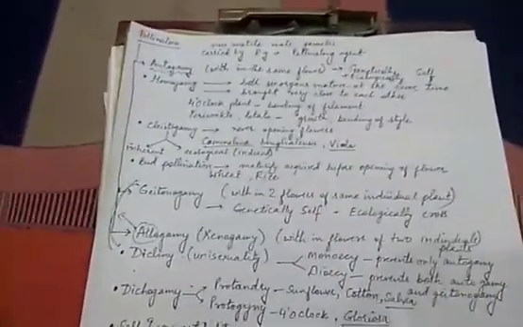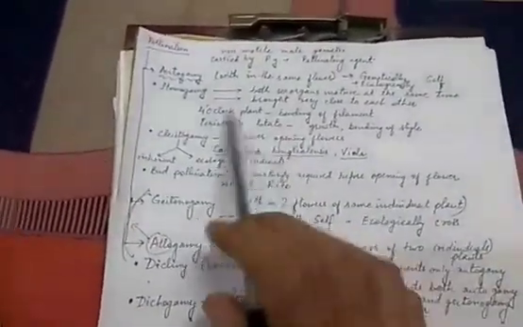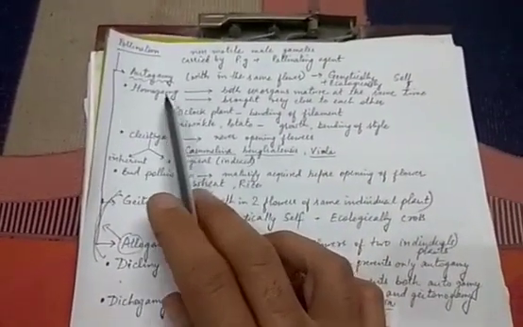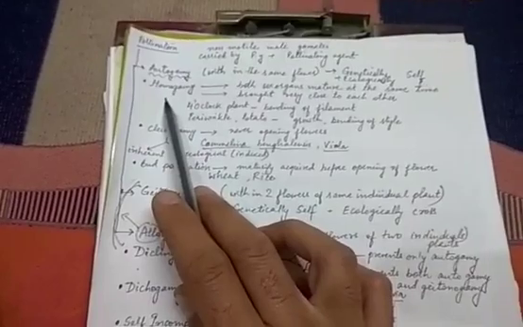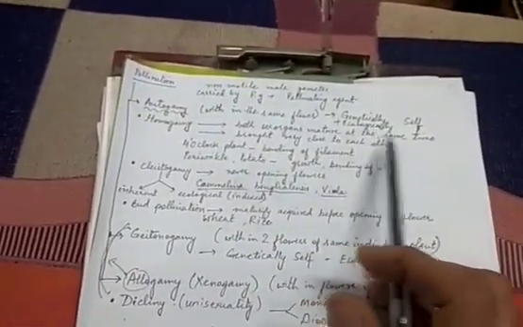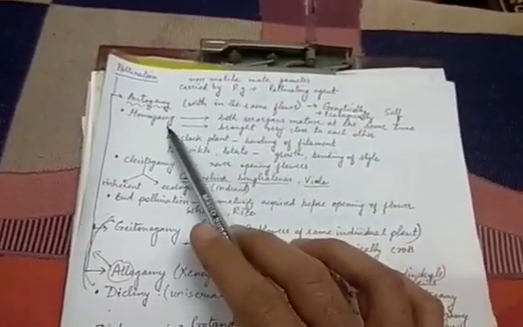Now how do the plants ensure autogamy? So the first method to ensure autogamy is homogamy. Now what is homogamy? Homo means together or same. So when both the sex organs of a flower mature at the same time, it is called homogamy.